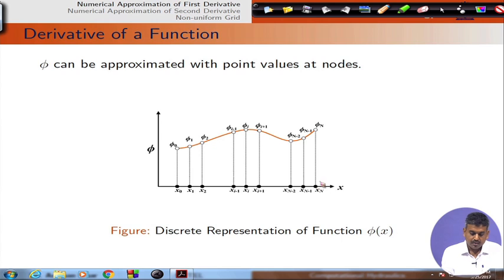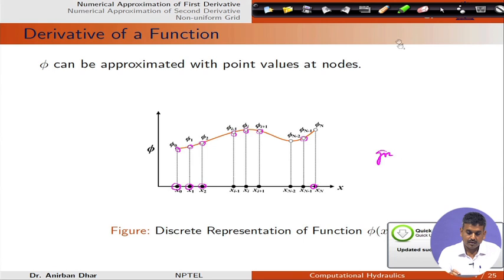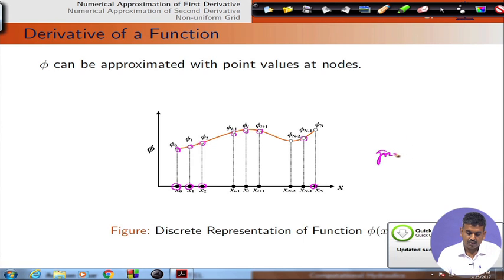These are individual point values for the function, corresponding to nodes x0 to xn. Sometimes these are also called grid points.